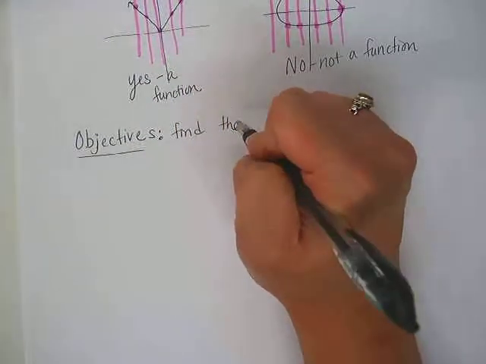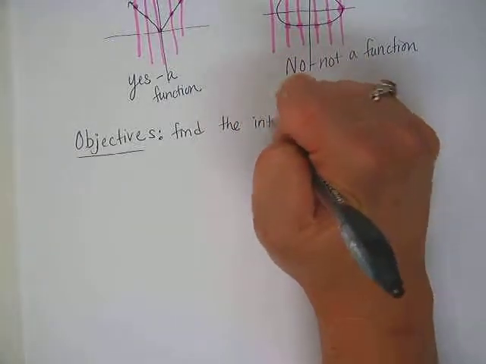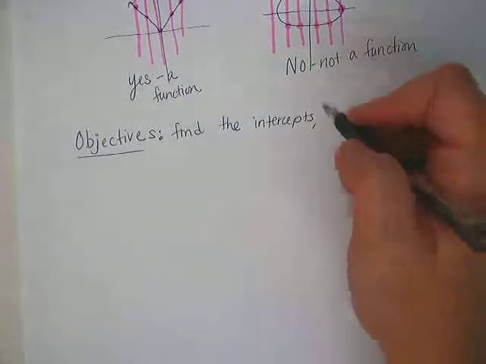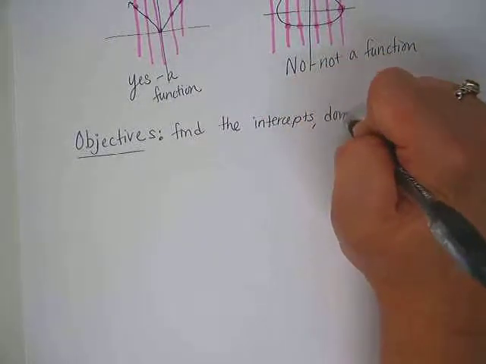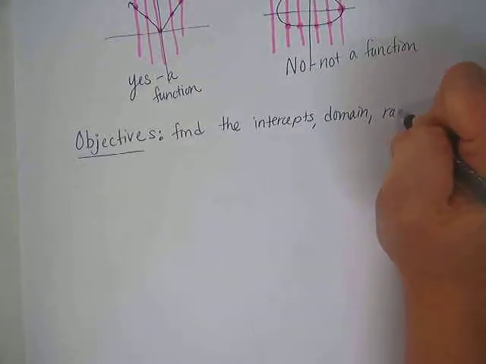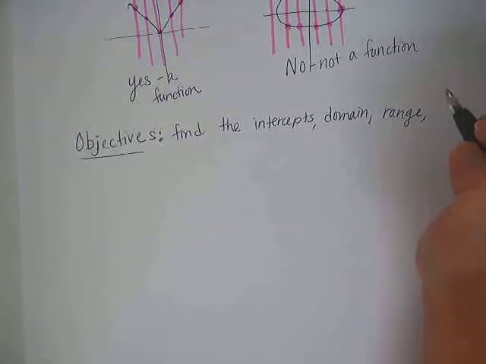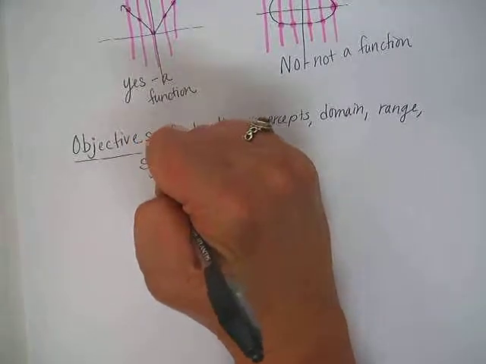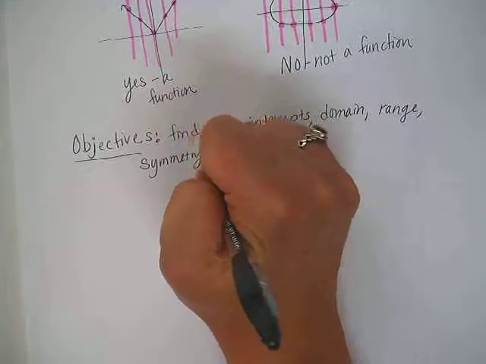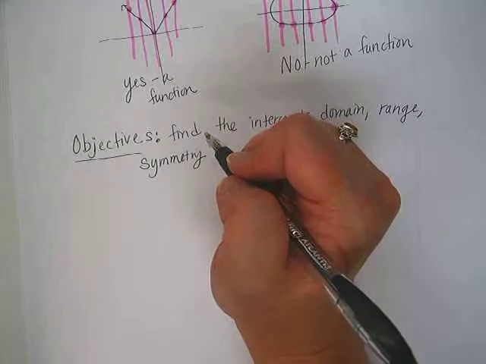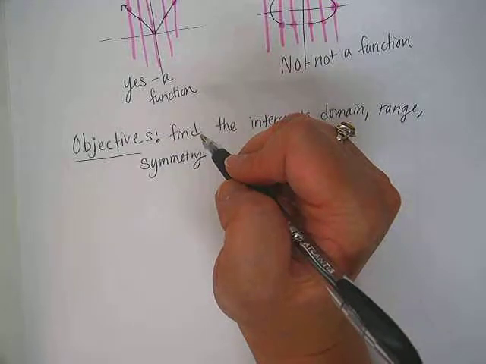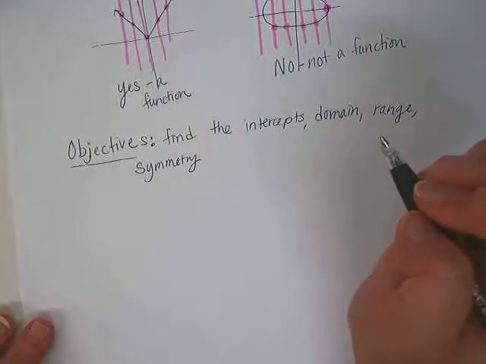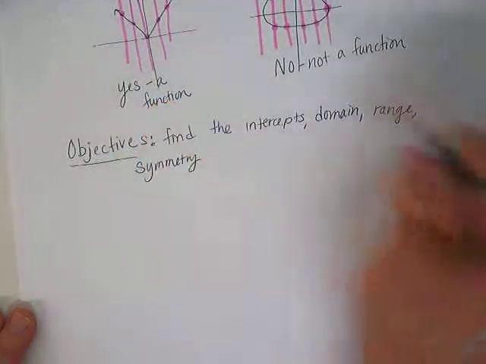The other things we need to be able to do today are find the intercepts, domain, range, symmetry, and I'm trying to remember if any of the problems on today's assignment actually ask you where the graph is increasing or decreasing.